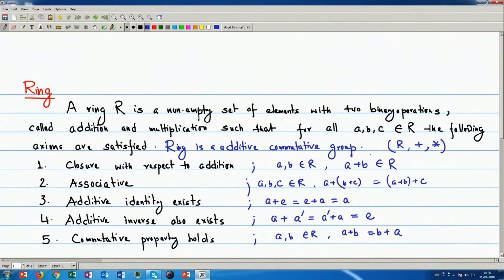In addition, there are some additional properties. Now, what are those properties?